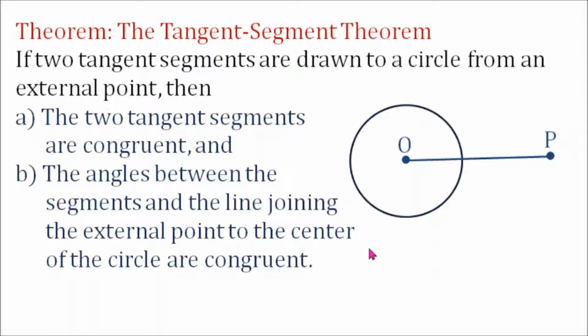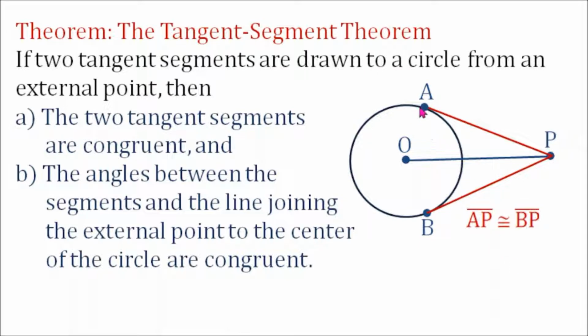The third theorem is the Tangent-Segment Theorem. It states that if two tangent segments are drawn to a circle from an external point, so we have an external point here, point P, and we draw two tangent segments, line segment AP and line segment BP, then the two tangent segments are congruent.